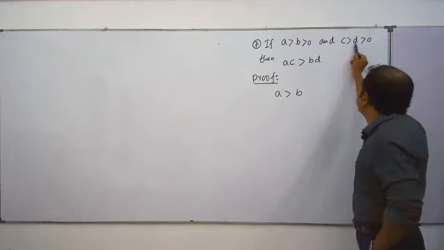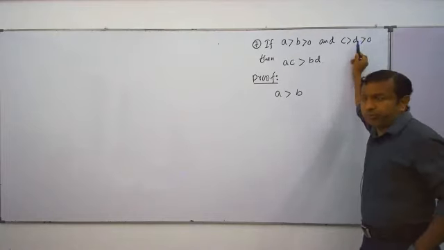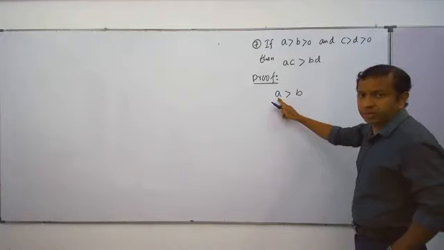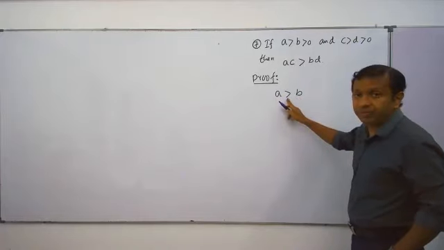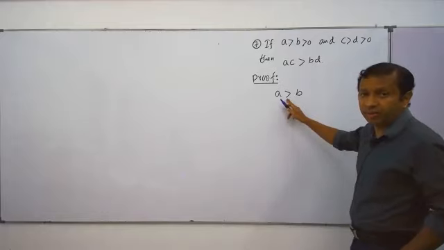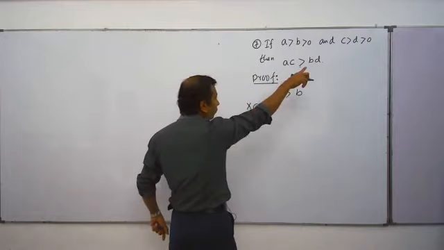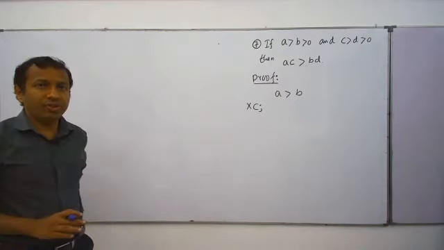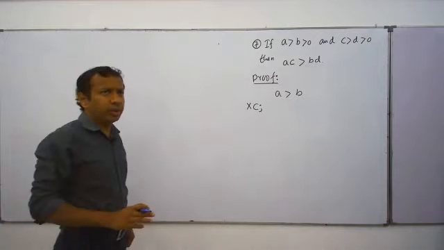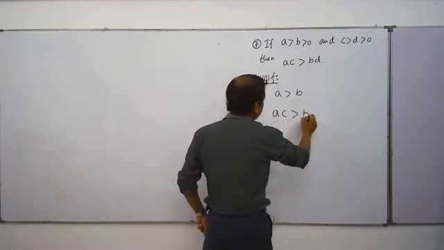C greater than D, D greater than 0, so C and D are both positive. Then I can multiply both sides by C. Since C is positive, the same direction remains valid after multiplying. When you multiply by a positive value, the direction of the inequality sign won't change. Then we get AC greater than BC. Take this as number 1.